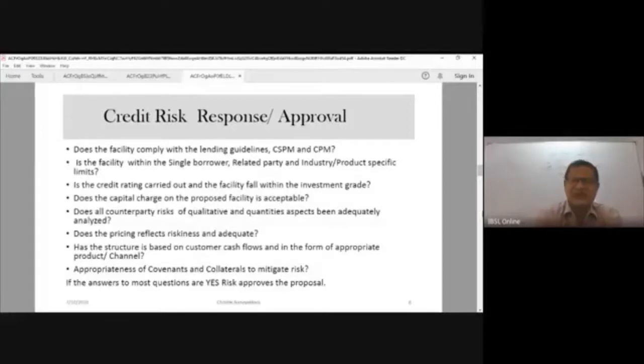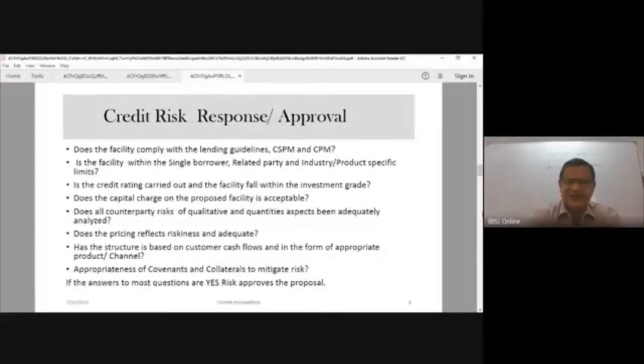So if you need to fund these two companies, company A needs only risk capital of 200,000 compared to company B, for which you need to provide 1 million. So this is what you call capital charge computation. I will explain this once more in detail when we go to the Basel Accord explanations. But in the risk response by the credit risk department, they also compute this and see how much capital you need to allocate for this particular type of facility.